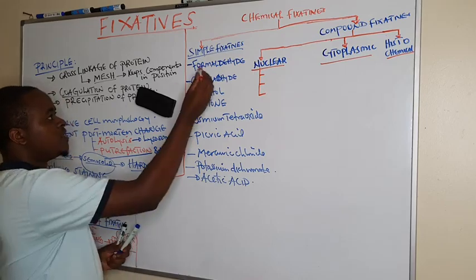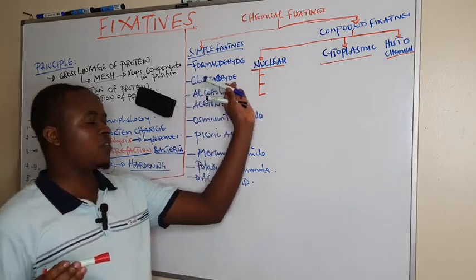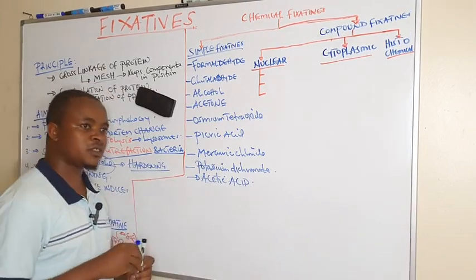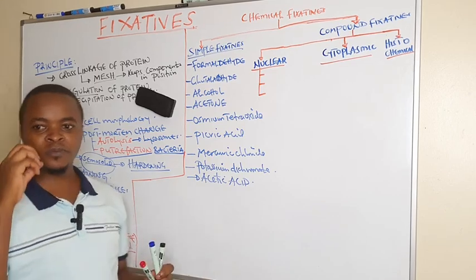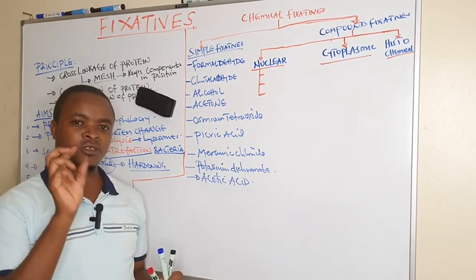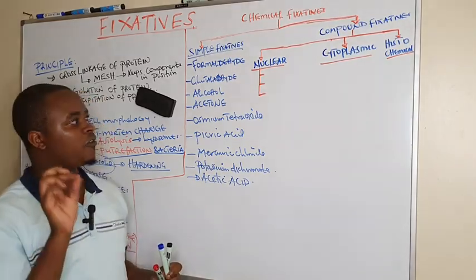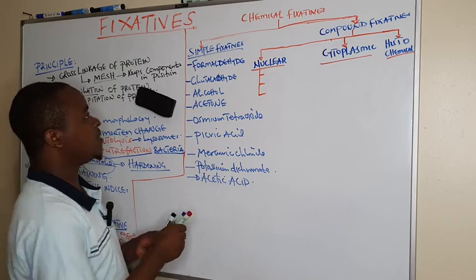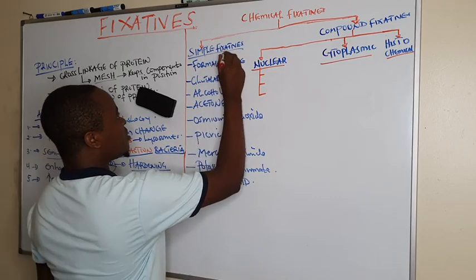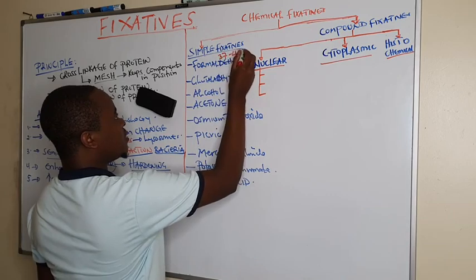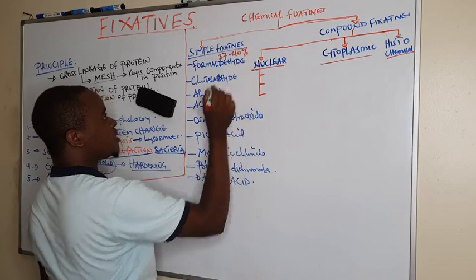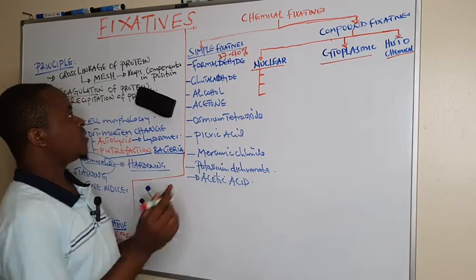Formaldehyde and glutaraldehyde cause cross-linkage and formation of methylene bridges that lead to the formation of a wire mesh that holds the tissue in place. Formalin comes in a concentration of 37 to 40%, and this is during preparation.